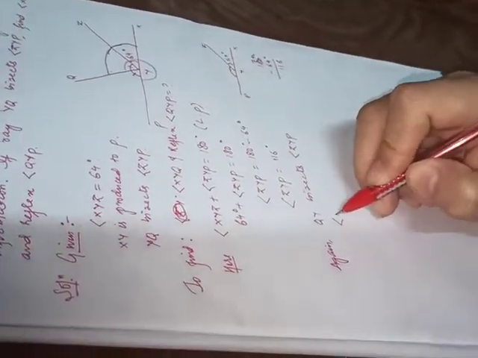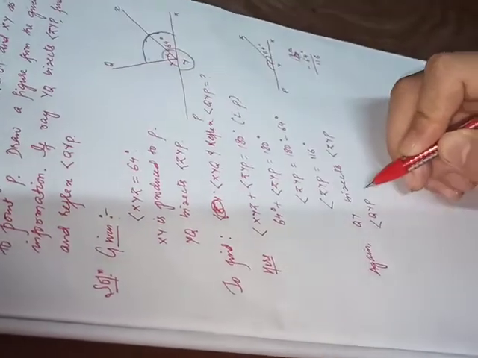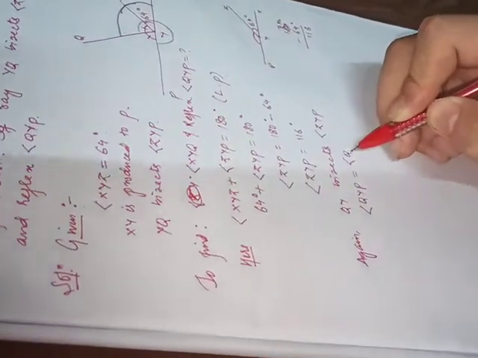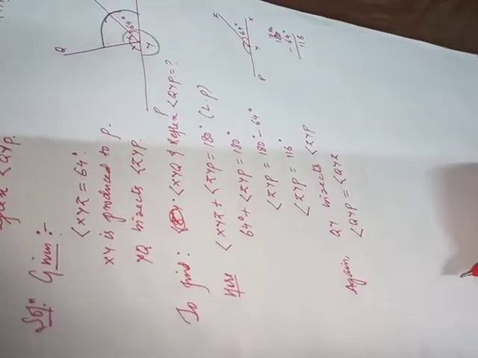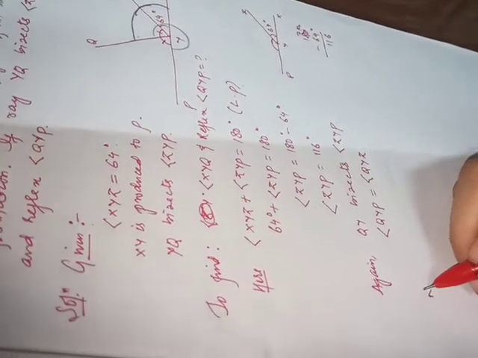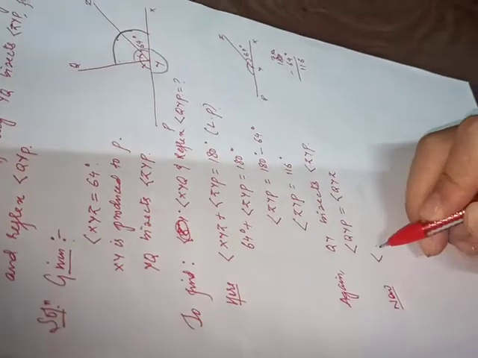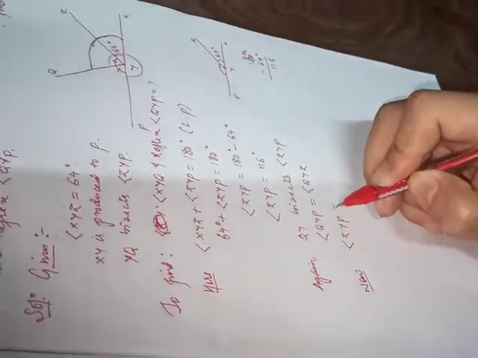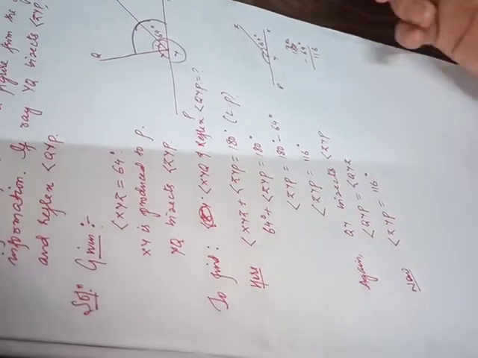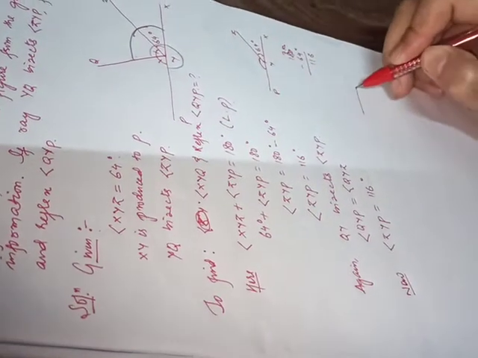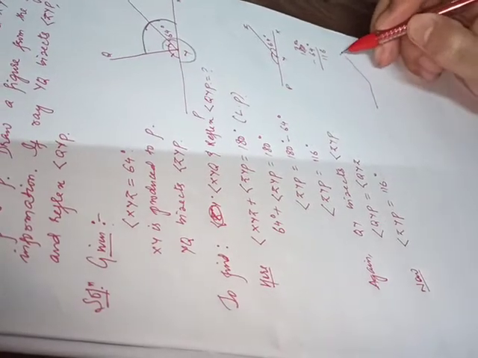That is angle QYP equals angle QYZ. Angle ZYP is 116 degrees.